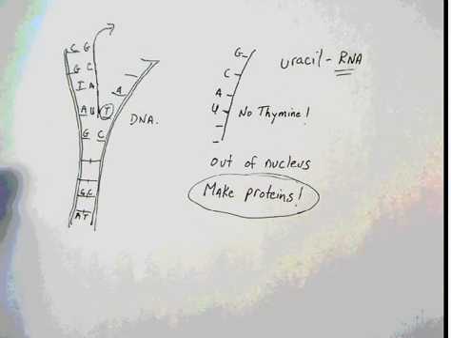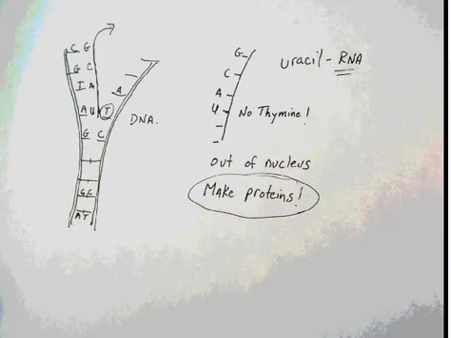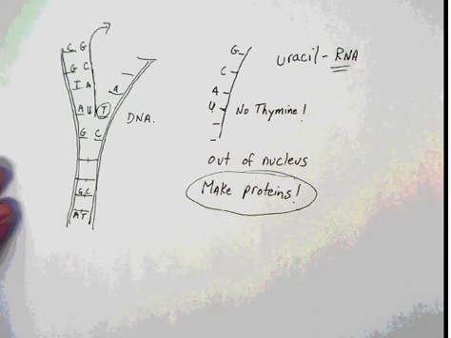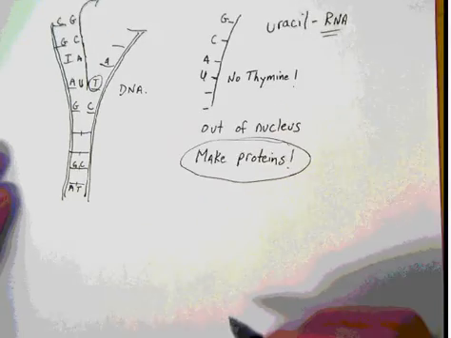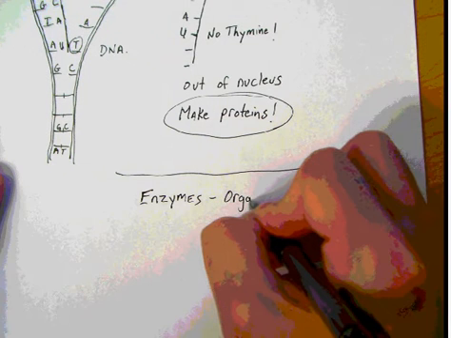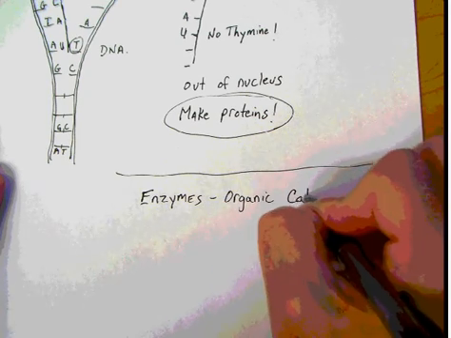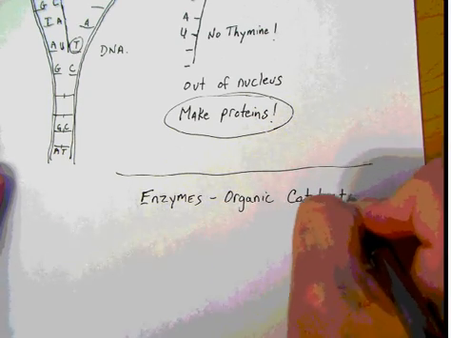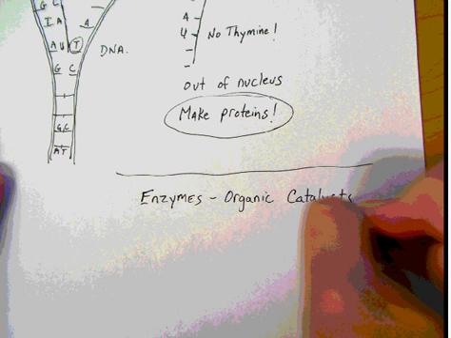Your digestive enzymes are proteins that digest your foods. And as we learned in the protein section, right, enzymes are special types of biological proteins called organic catalysts. And they do specific jobs like salivary amylase.